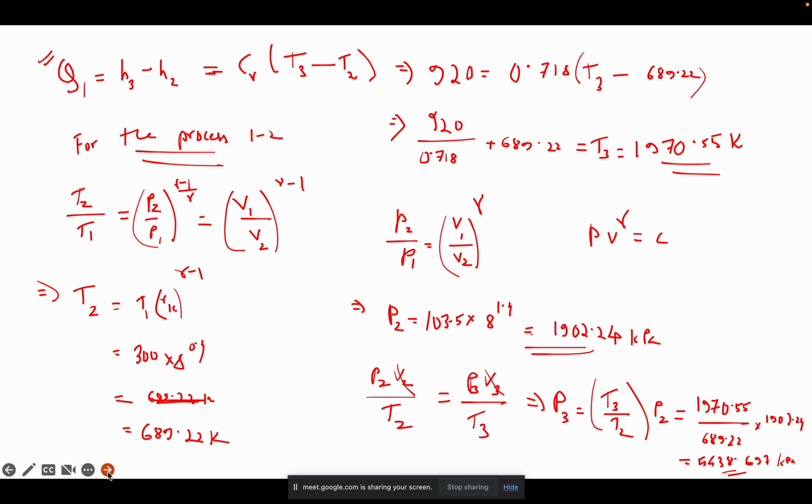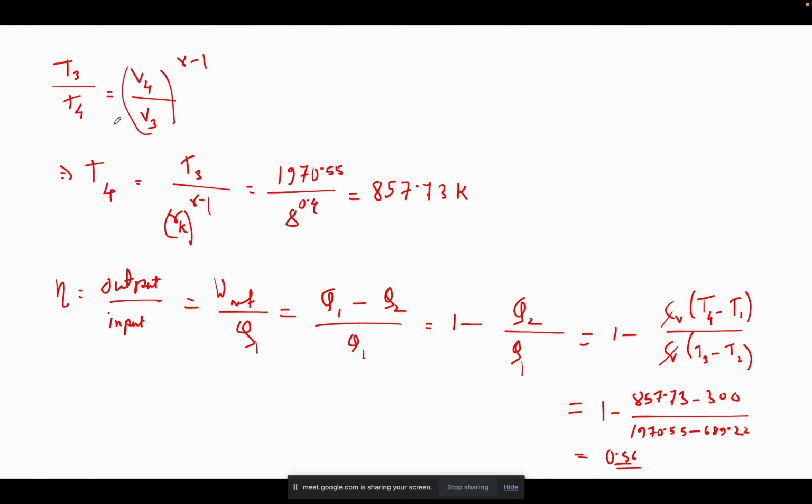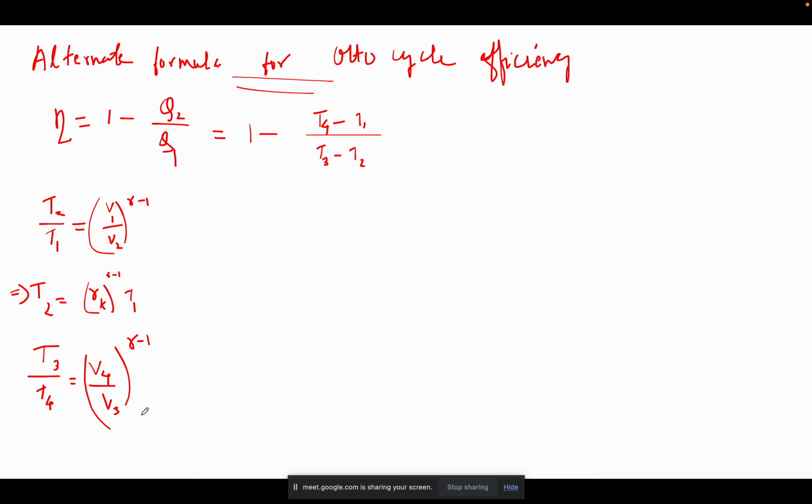Here we have already done this thing. Yes, here T3 by T4 is equal to V4 by V3 to the power gamma minus 1. Okay, so from here we can write T3, because V4 by V3 is nothing but V1 by V2. We have already written it. You can go to the slide and check. This will be nothing but Rk to the power gamma minus 1 times T4. Okay, so we know these steps.